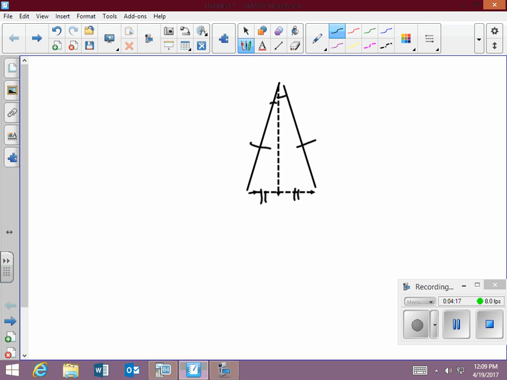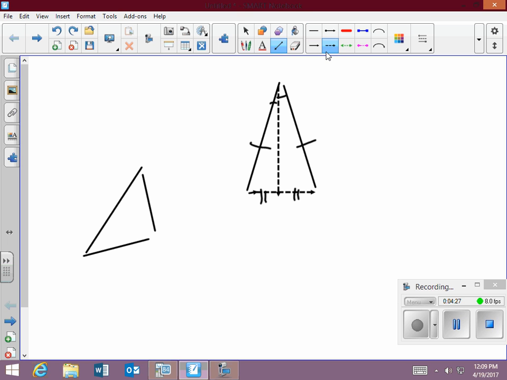But if you have a triangle and you have a median, and this side and this side are not congruent, and these angles are not equal, it doesn't bisect the angle.